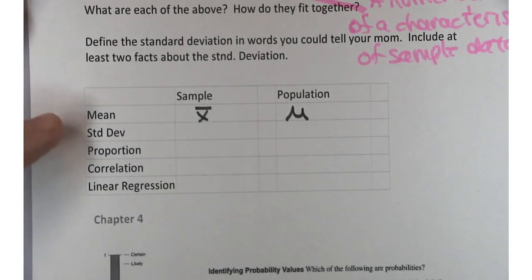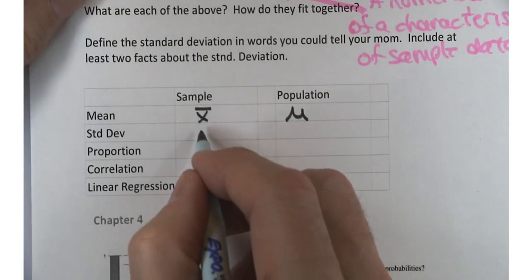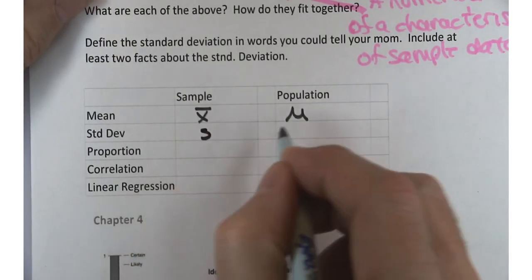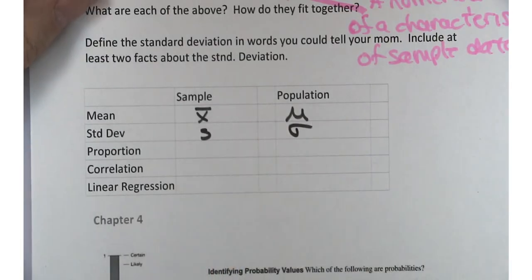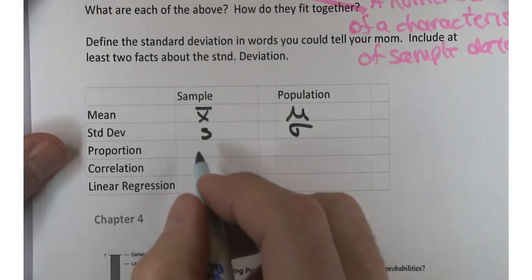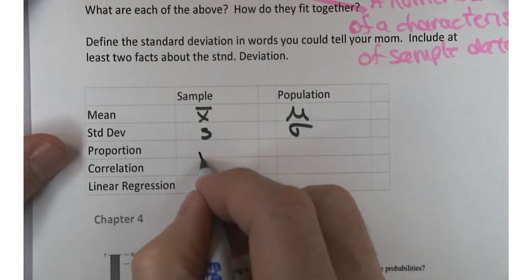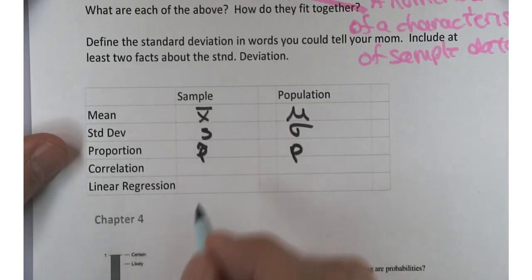Ian, how about standard deviation? What do I use for sample and population standard deviation? S. The Greek letter. Sigma. Well done. How about population proportion? P hat. And P. Good.